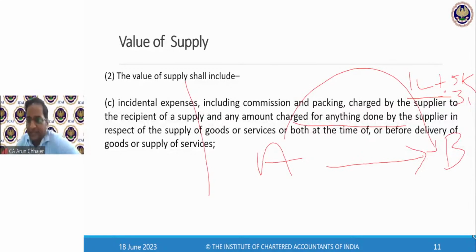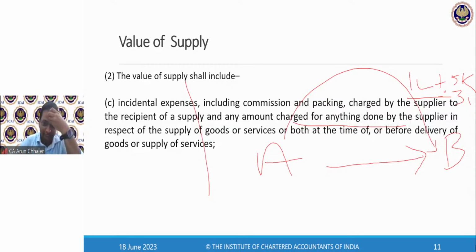In this case, will the GST be charged on 1 lakh or 1,10,000? All are correct. I had said you all will give the correct answer. The answer is 1,10,000. Oh, some answers are 1 lakh.